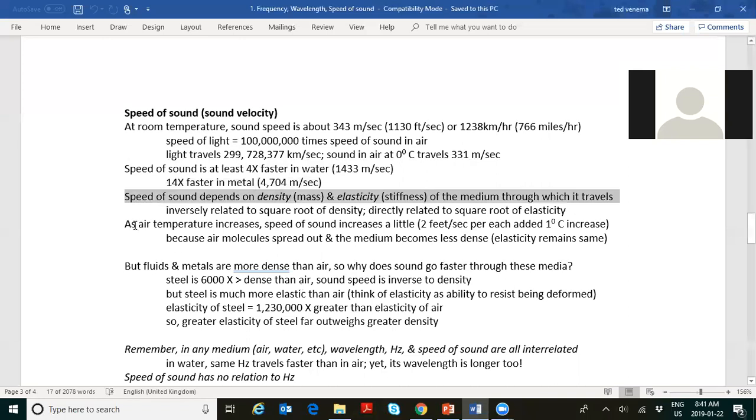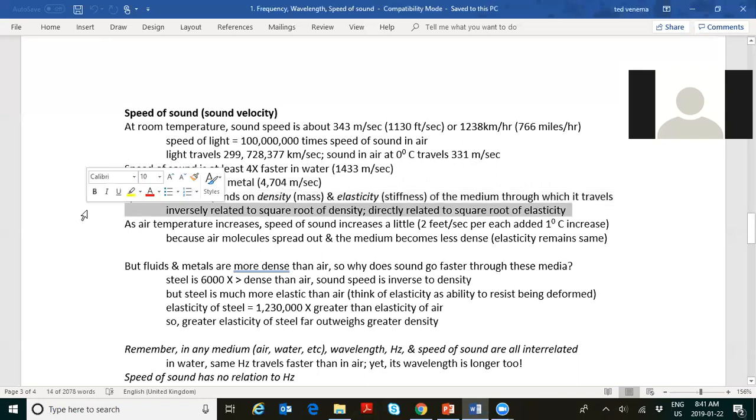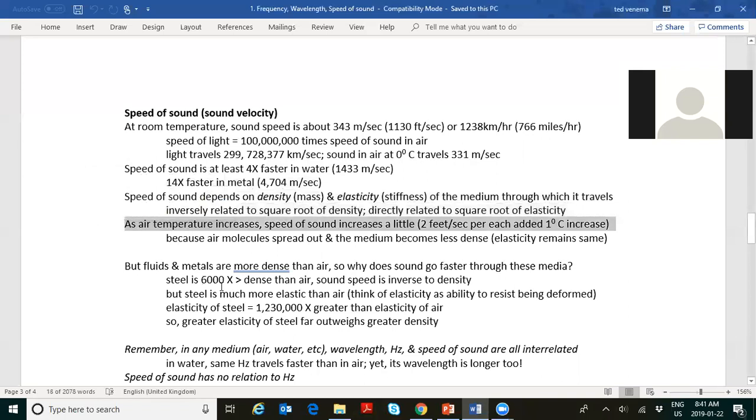Now, the speed of sound is inversely, oh, don't even worry about that. Inversely related to the square root of density, directly related to the square root of the elasticity. Yikes. Don't worry about that. Just leave it. Air temperature increases, speed of sound goes faster.